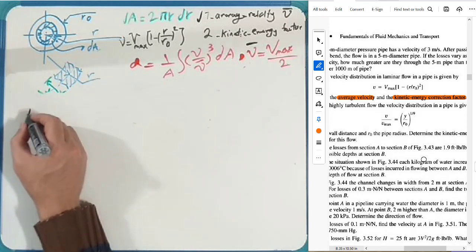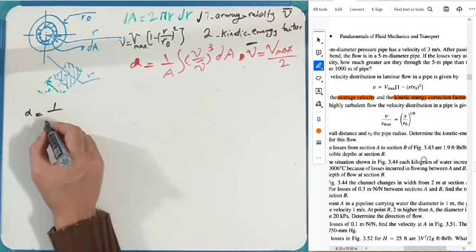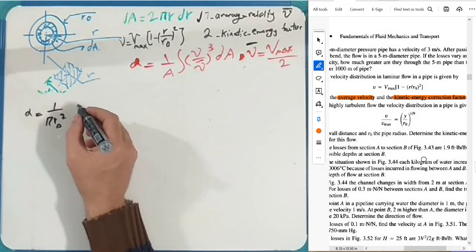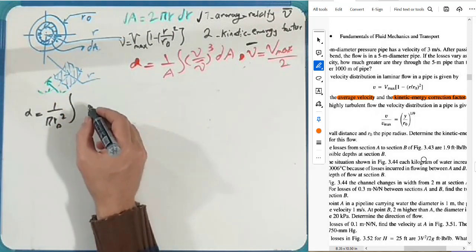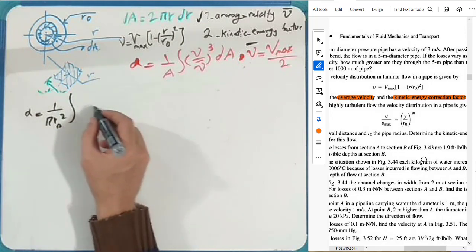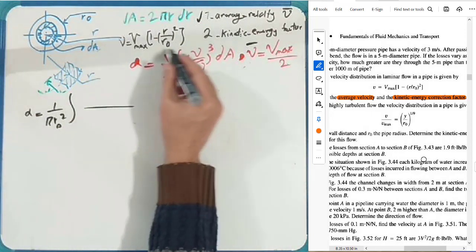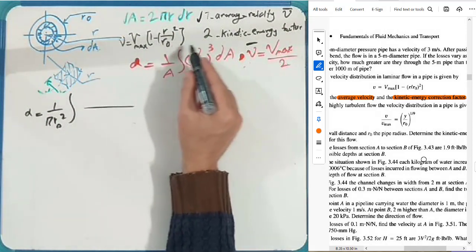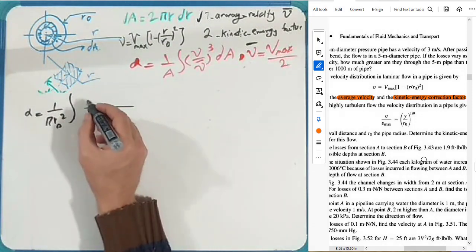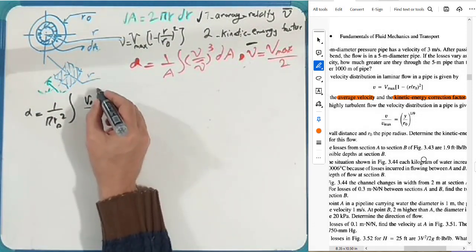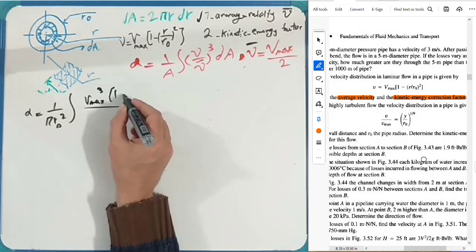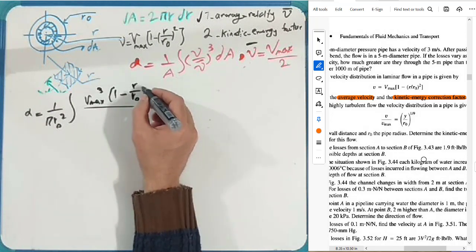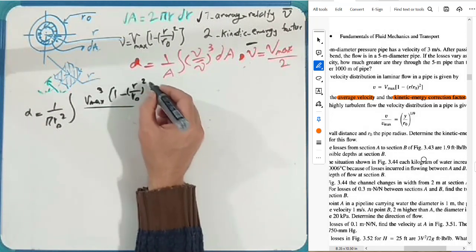Okay, alpha equals 1 over πR0², because that is the area of the whole pipe. Okay, integral of... let's get a line here. I should use this equation in place of that with power 3. Then it would be Vmax³ times (1 minus r over R0) to the power of 3.